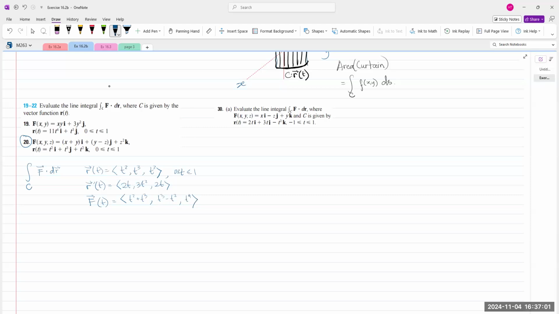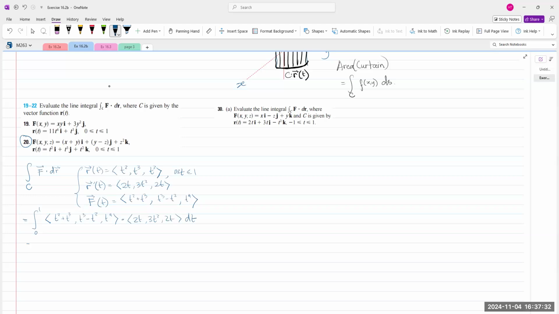Now the integral becomes the integral from 0 to 1. We parameterized by t already, and then we have t squared plus t cubed, t cubed minus t squared, t to the fourth, dotted with 2t, 3t squared, 2t, dt.